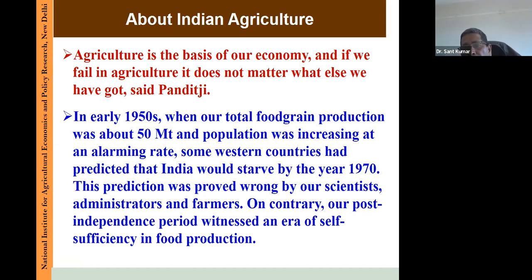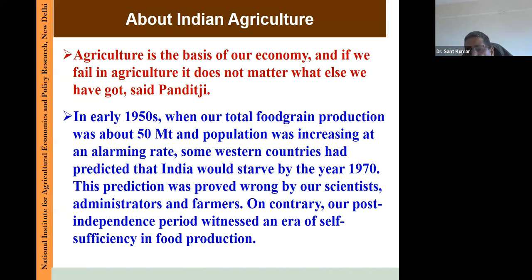In the early 50s, when our food grain production was about 50 million tons, and the population was increasing at a very fast and alarming rate, the Western countries had predicted that India would starve by the year 1970.